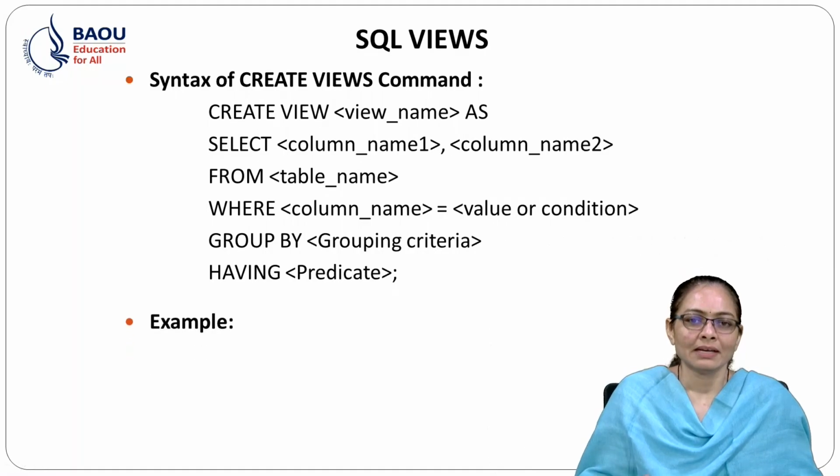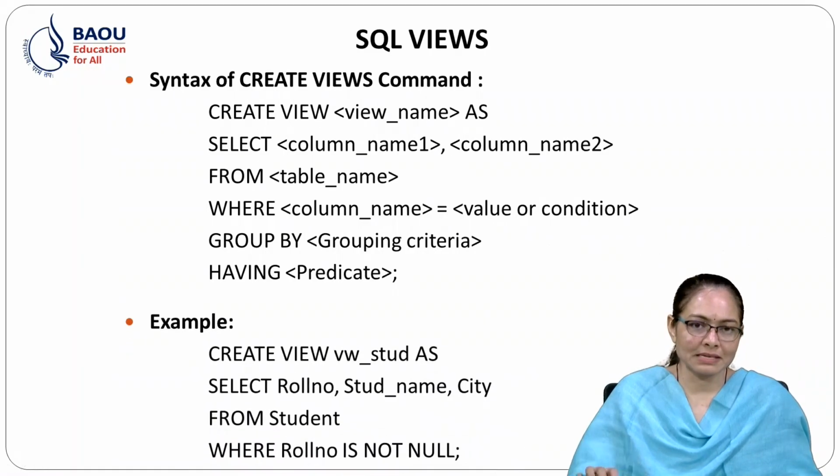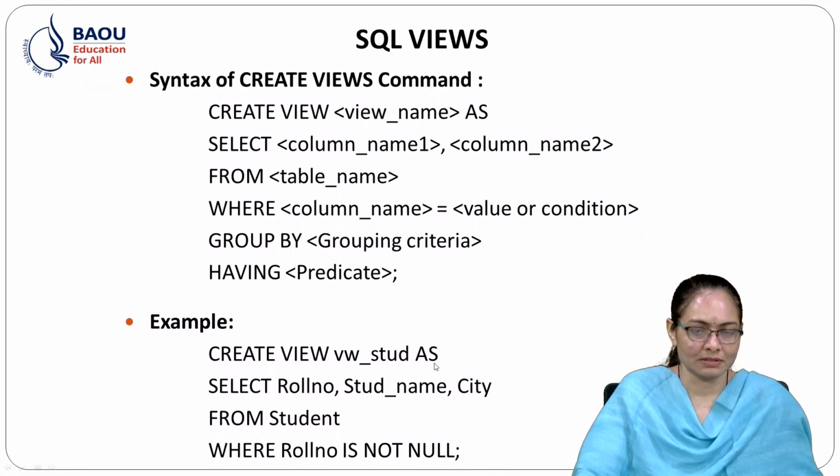Now in the example, see create view, then the view name. The view name is VW underscore stud. This view displays this type of data: it contains roll number, name and city from student, where roll number is not null.